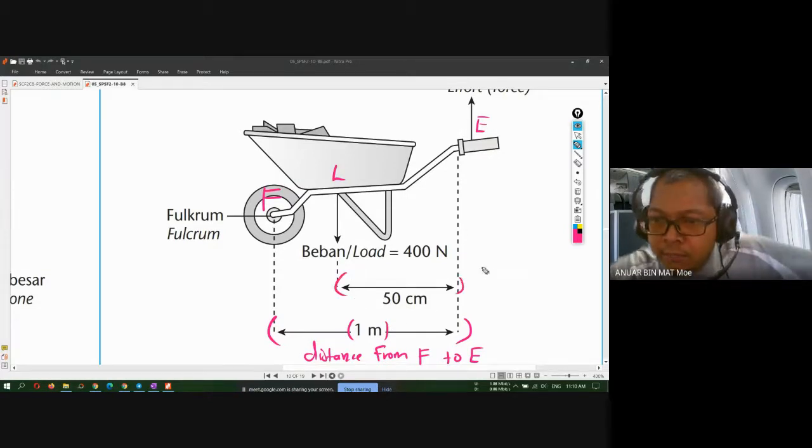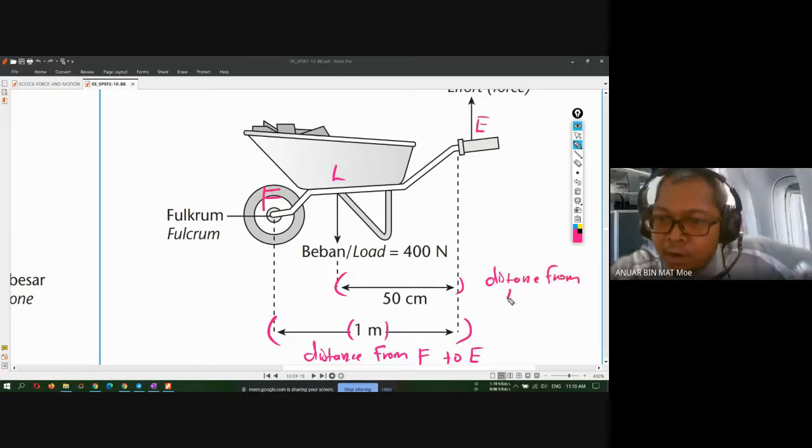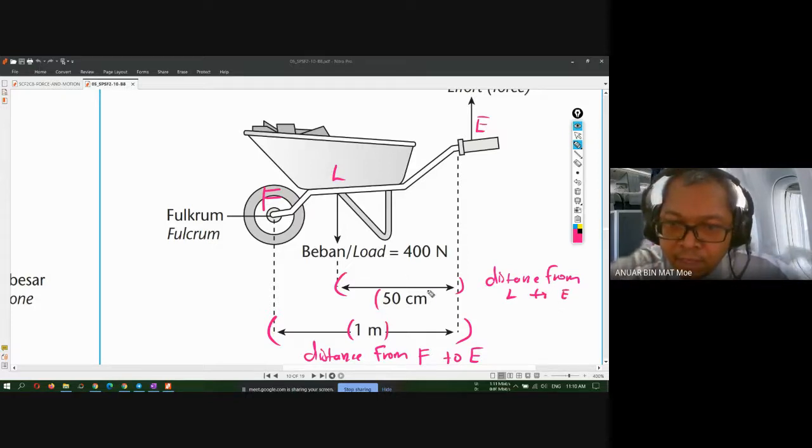This is the distance from load to effort, 0.5 meter or 50 centimeter.